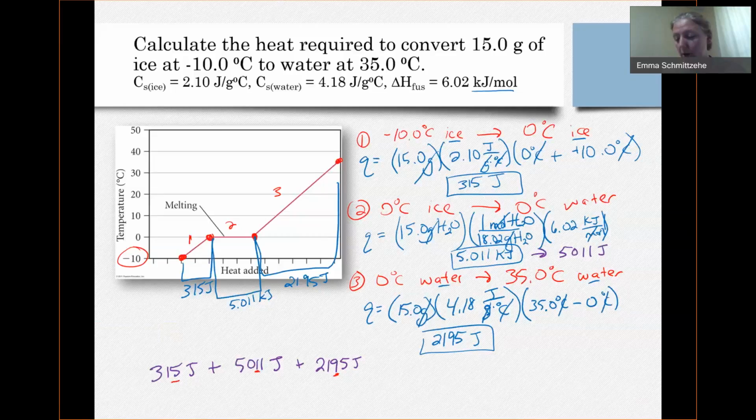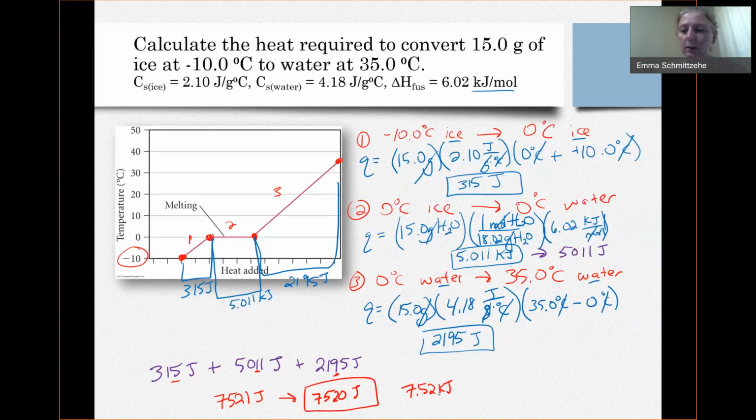And so I'm going to take 315 plus 5011 plus 2195, and that gives me 7521 joules. And so I'm going to round it to, sorry, 7,520 joules, which you could also say as 7.52 kilojoules.